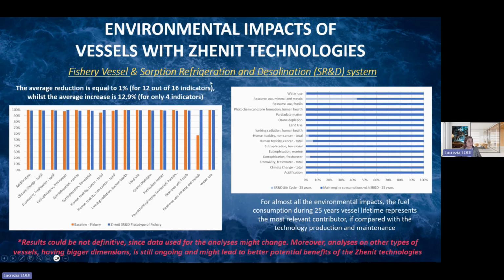And again, the sorption refrigeration installation on board results in an average reduction of 1%, while the increase for only one indicator was 12%. And again, as I said for the EA, the most relevant contribution stems from the fuel consumption, also with respect to the technology production and maintenance.